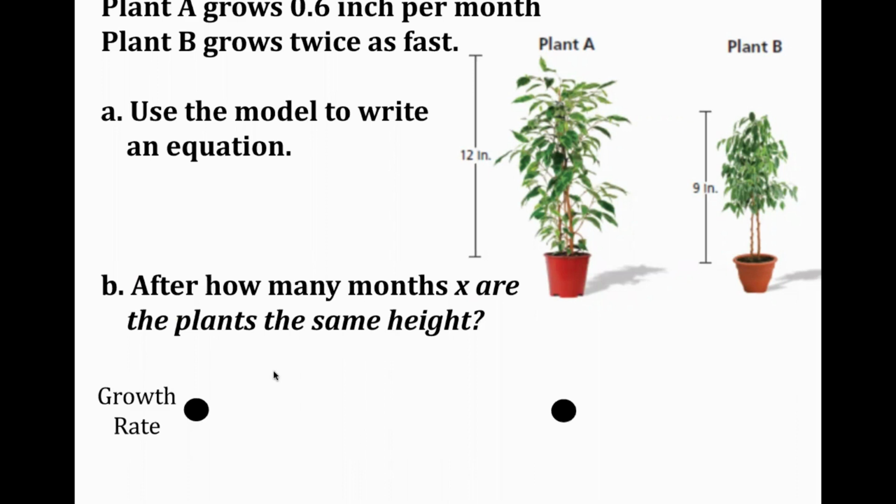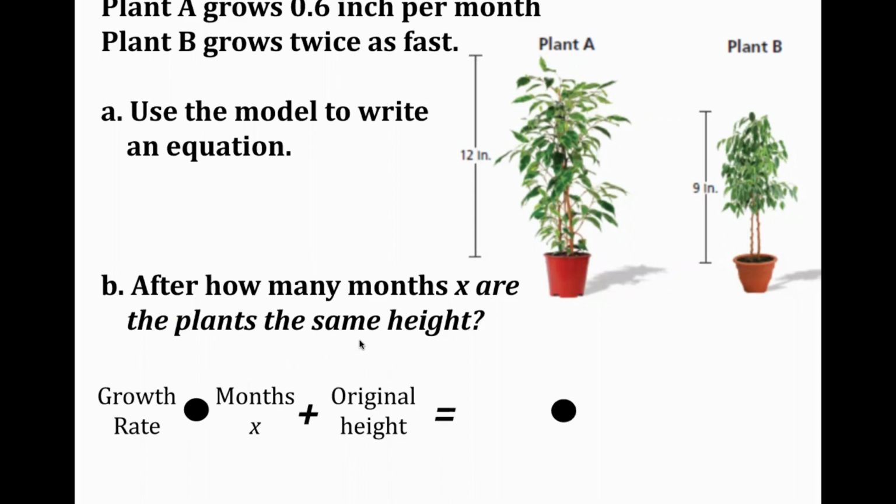First, I want to multiply my growth rate by the unknown months that it's going to take for the plants to be the same height. So that would be growth rate times month x, plus our original height.